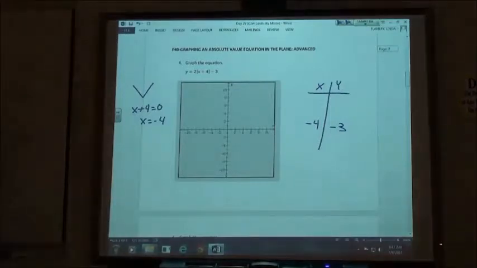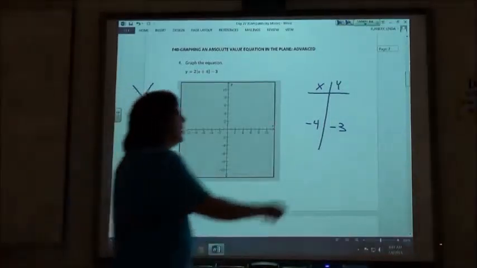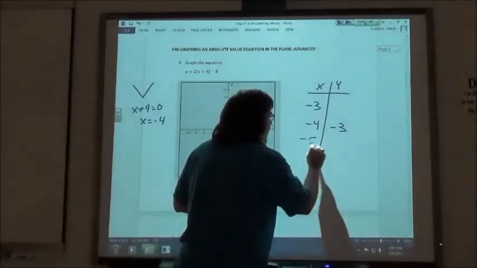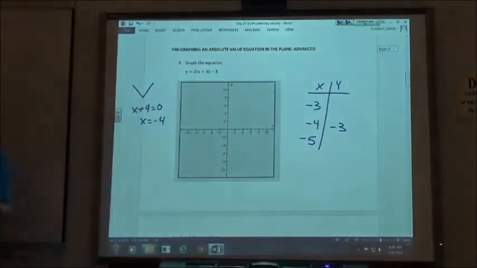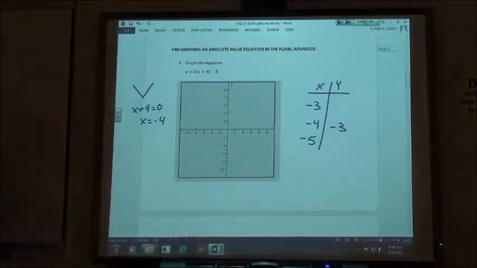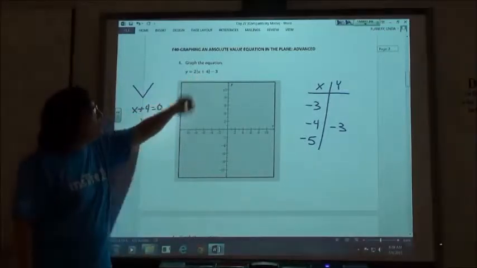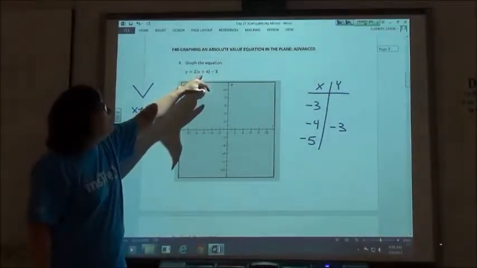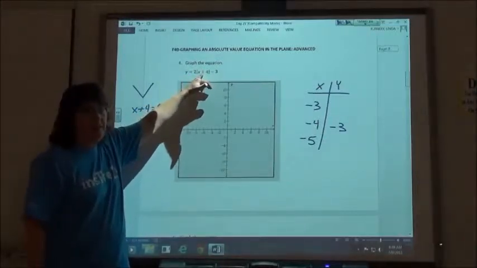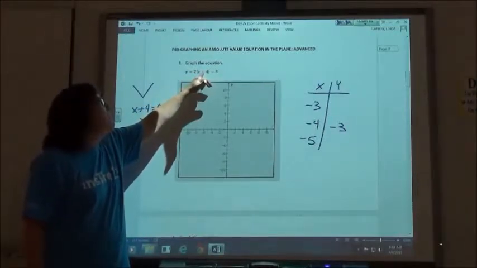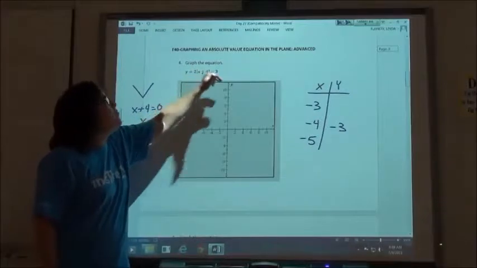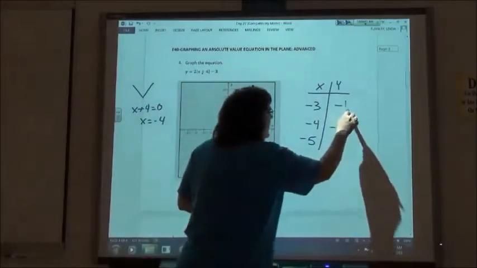Now in Alex, they're only going to make you do 1 point on each side of that. So we're going to put -3 and -5 in for our other 2 points, and then basically substitute and solve. So -3 plus 4 gives you 1. The absolute value of 1 is still 1. 1 times 2 is 2. 2 minus 3 is -1.